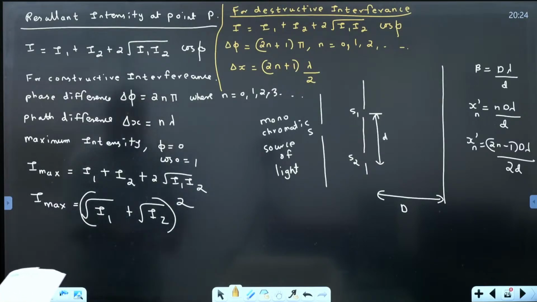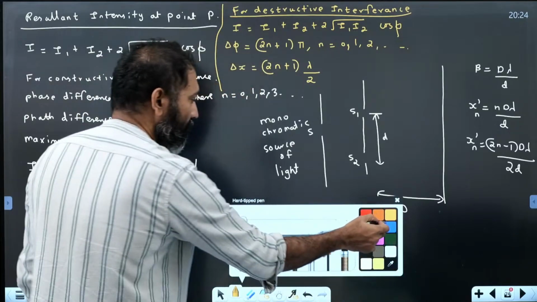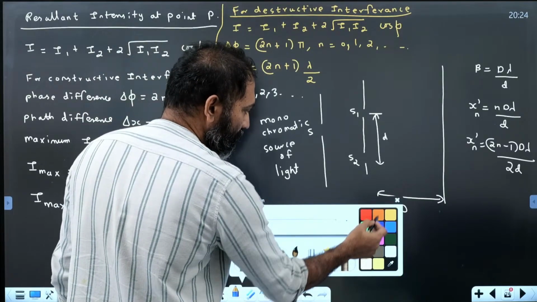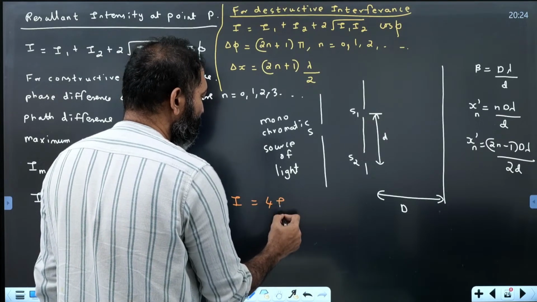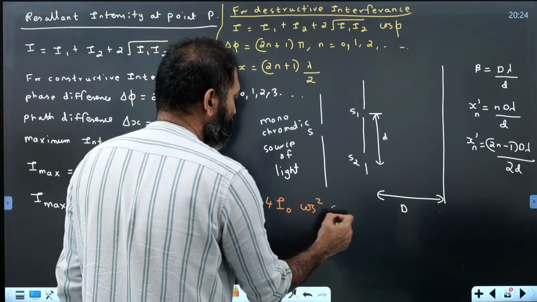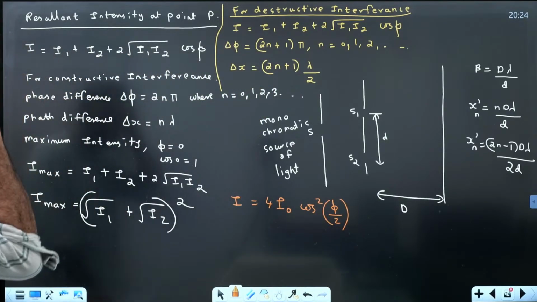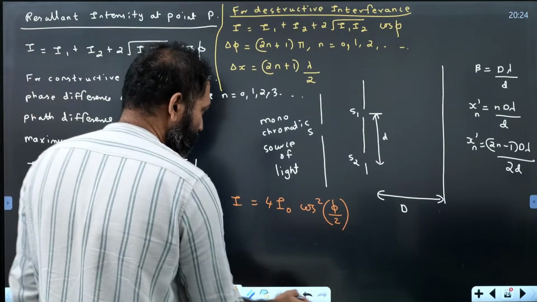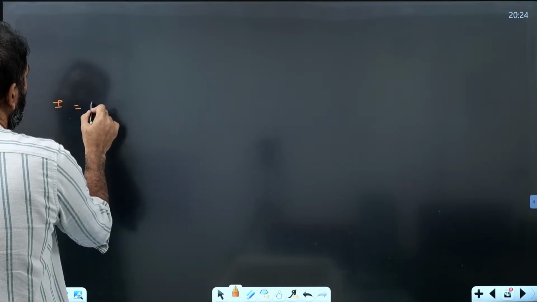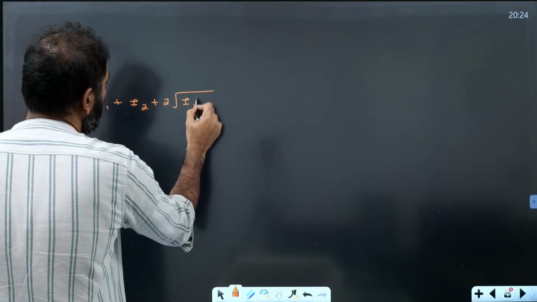Now, some of you might be wondering, sir, earlier you had written one equation. Earlier, Lindo sir had written one equation, resultant intensity I is equal to 4I0 cos square phi by 2. Now you are writing another equation for the same intensity. How can it be possible? See, in the initial equation, I is equal to I1 plus I2 plus 2 root I1 I2 cos phi.